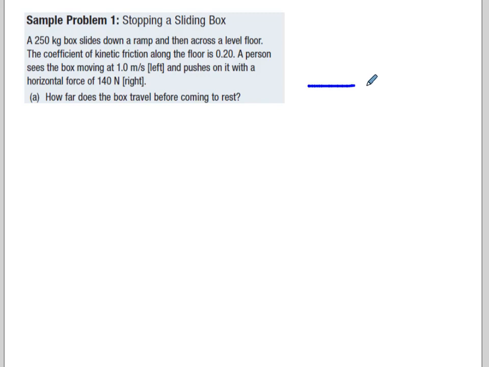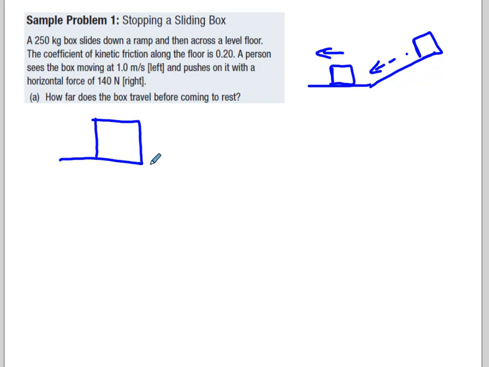Okay, so you have some sort of situation like this. There's a box, slides down, and now it's sliding across the floor. Okay, so let's draw a quick free body diagram of our box here. It is 250 kilograms. So I'm going to do a couple quick calculations.